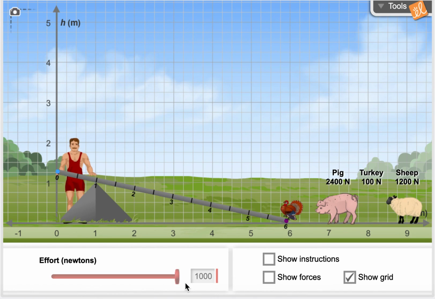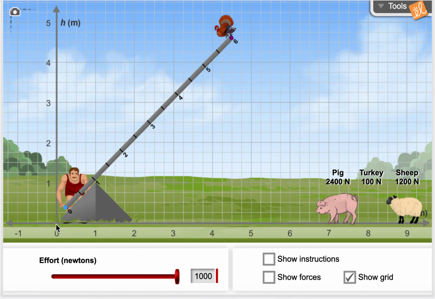So when he exerts all of this force, he moves the bar about 1.2 meters, but the turkey moves 5 meters. And what we're seeing here is, in this example, the mechanical advantage is that the lever increases the distance that the turkey moves. So the force decreases and the distance increases. So that's our mechanical advantage, and we're going to focus on the increase.